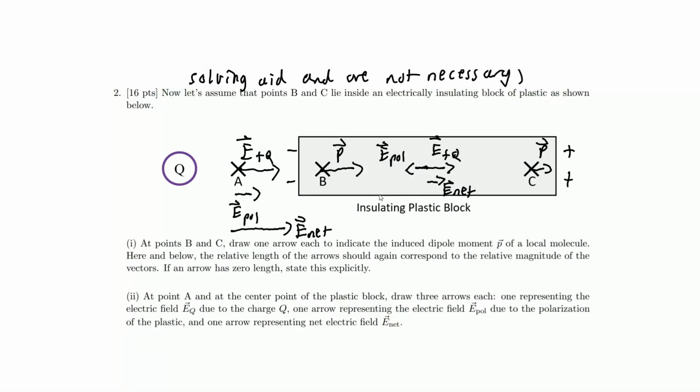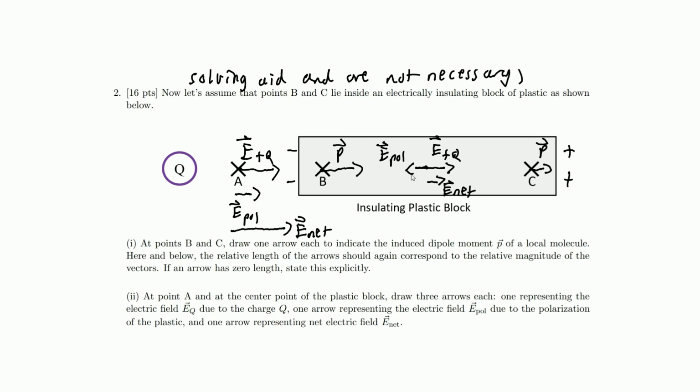And since dipoles go from negative to positive, it's going in the plus x hat direction from point B. And then at point C, it's also going from negative to positive, but you can see that the dipole moment is stronger on the left than the right, since it's closer to charge Q. But there are dipole moments inside of the block at all times.